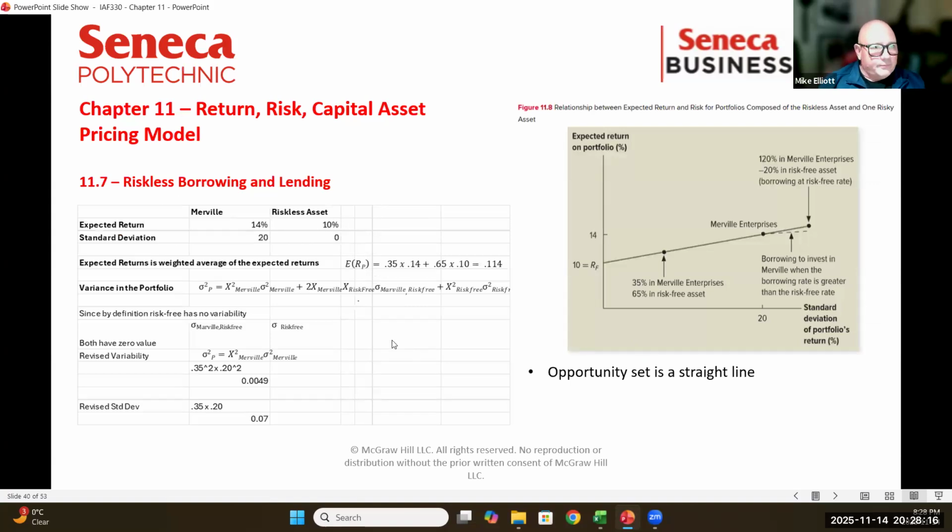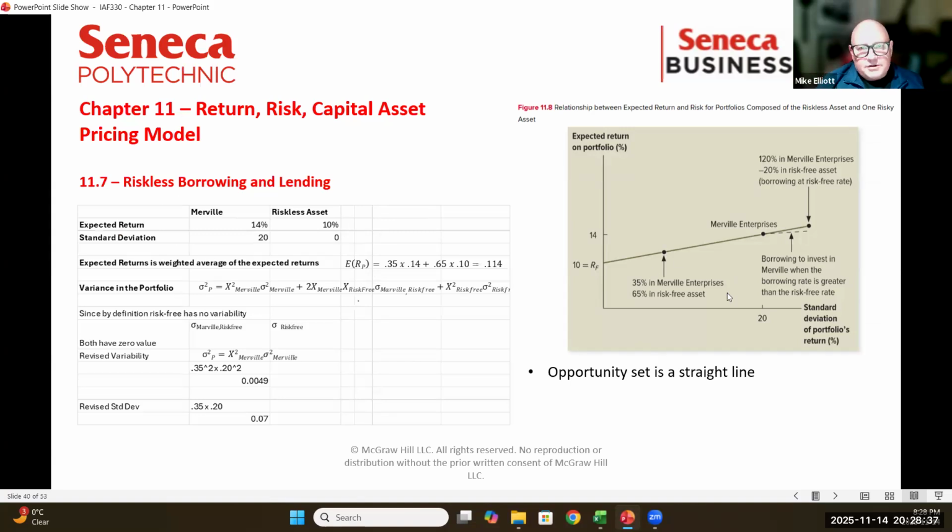So what have we done now? We've created a strange portfolio that has a risky asset and a riskless asset. We're getting a straight line out of this portfolio, not a bat wing, because one of them has 0 standard deviation.